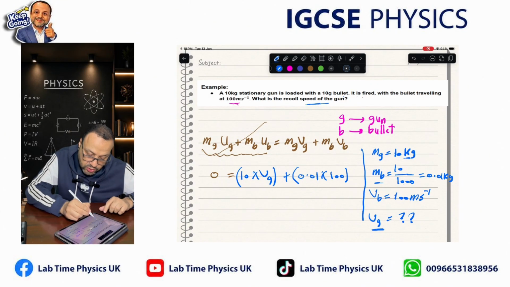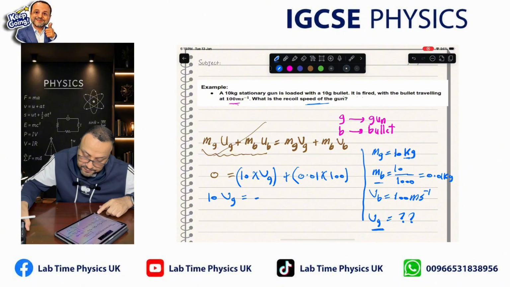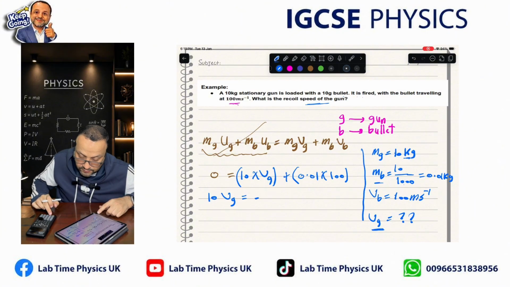Okay. So now we can get VG as the subject. It will be 10 VG, the final velocity for the gun, equal negative 0.01 times 100, which will be 1.